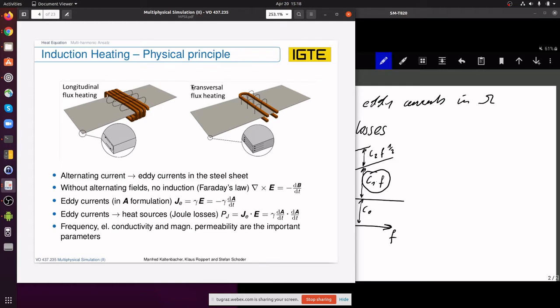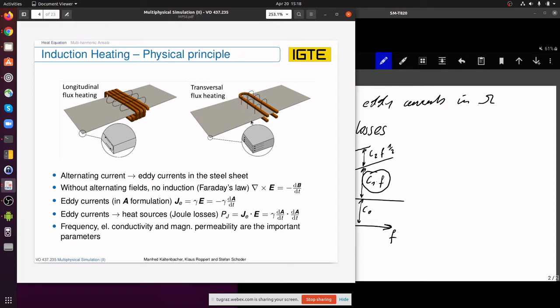That's the reason why it is preferred to use transversal flux heating for heating thin objects or thin sheets, because then the frequencies of the impressed current don't need to be that high, because the eddy currents in the transversal flux heating are in plane of the sheet, as depicted here.